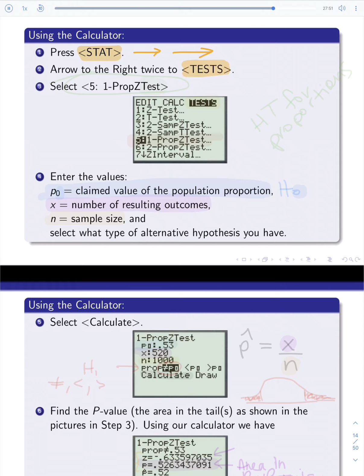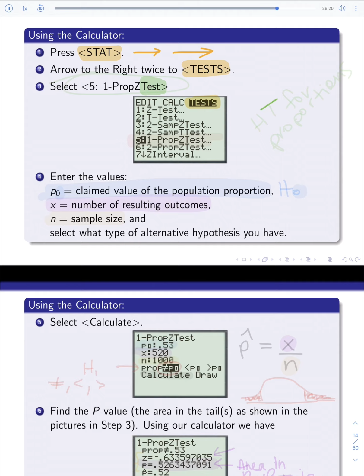We'll see the same exact list we saw back in Chapter 7, except when we were doing confidence intervals for proportions, we did a 1 prop z int. Now the only difference is instead of the int, we're going to be doing a test because we're testing a claim. So we're going to be testing claims for proportions.